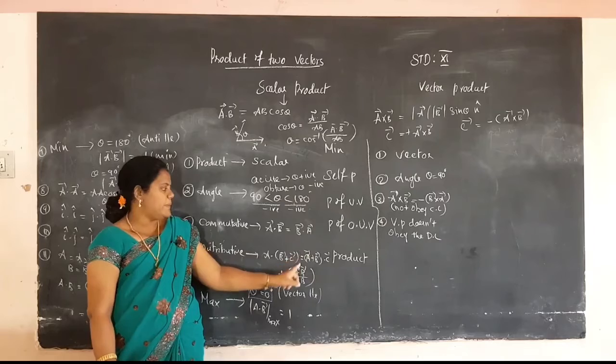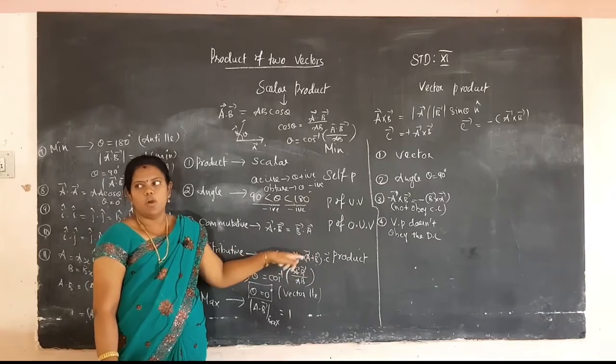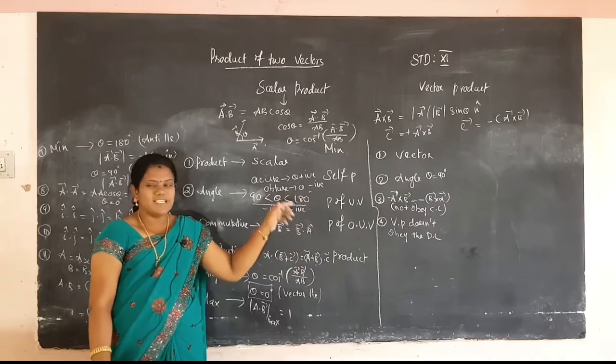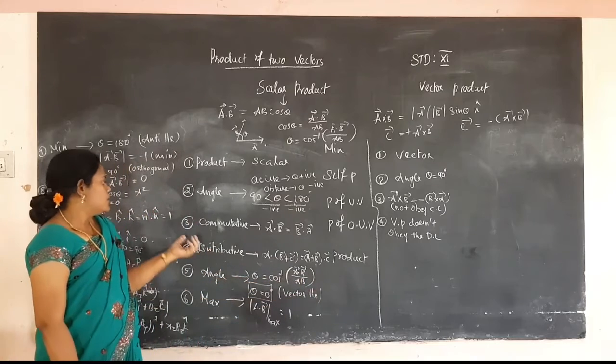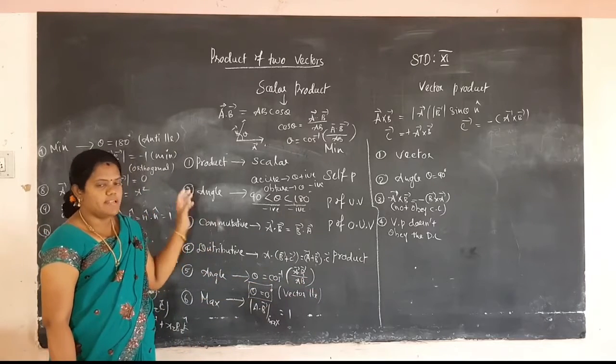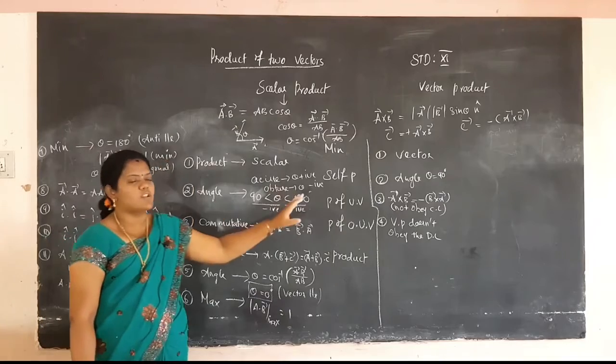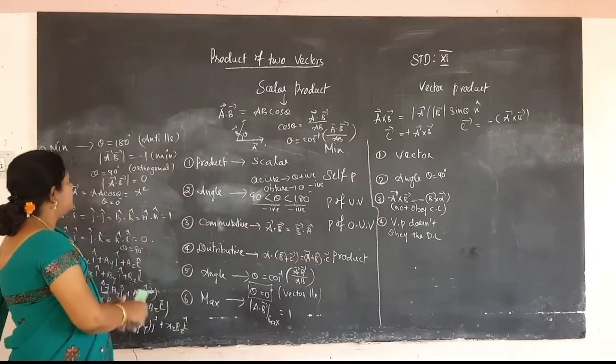So the scalar product obeys the distributive law, but the vector product does not. Clear?